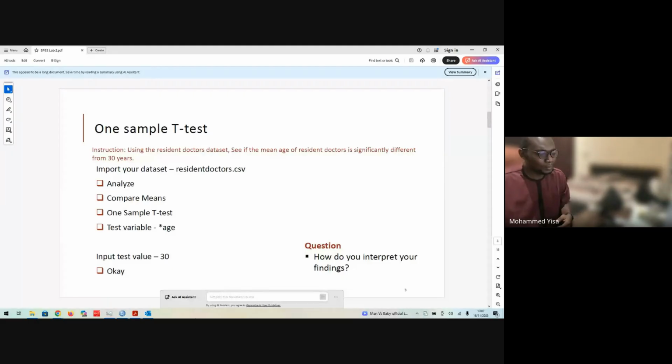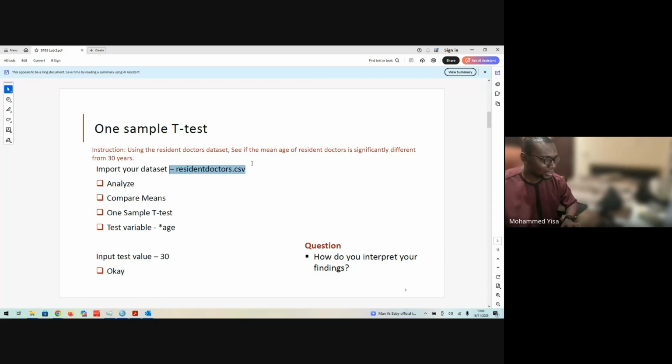So your hypothesis would be that the new medication is not any different from the current standard, or you can hypothesize that it's better or worse, depending on how you state your null hypothesis.